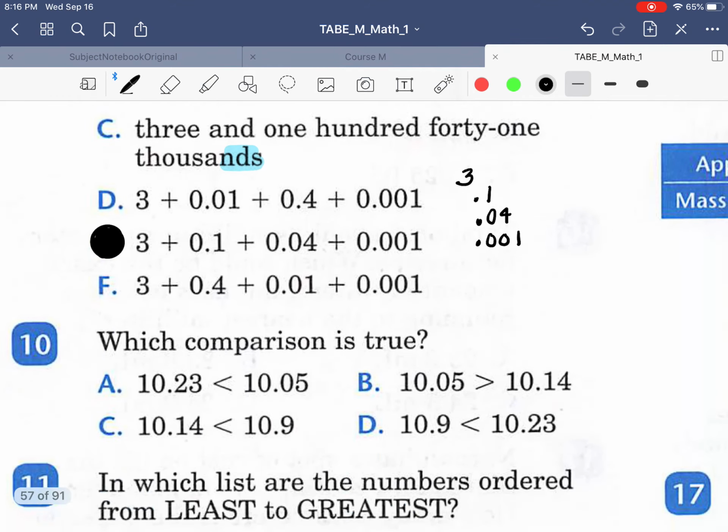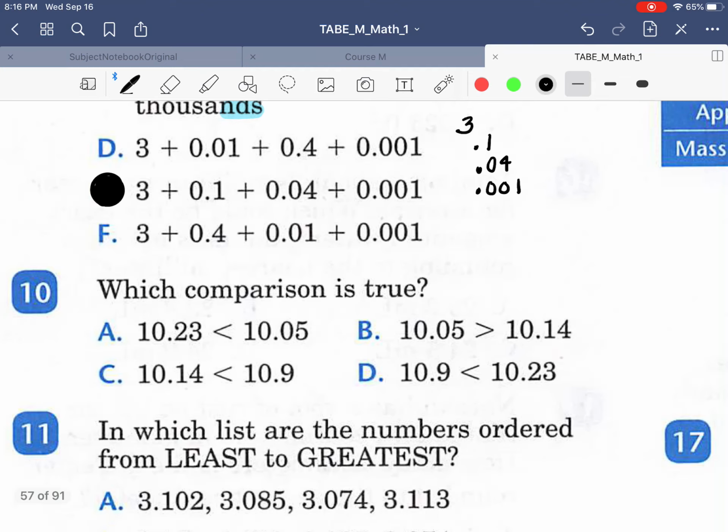Number 10. Which comparison is true? Which one of these is a true statement? A says that 10.23 is less than 10.05. That is not true. B says that 10.05 is greater than 10.14.